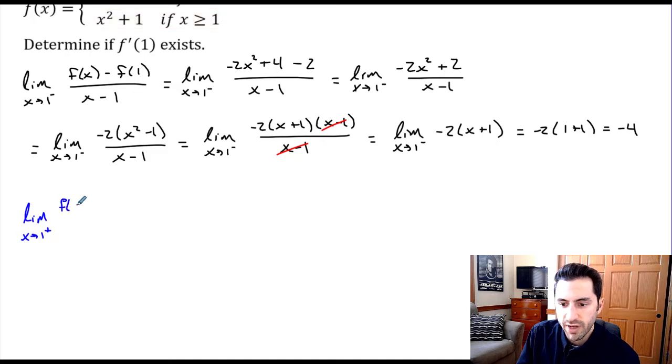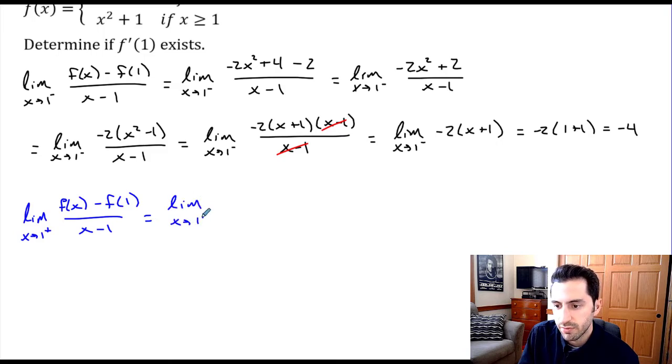So again, we have f of x minus f of c, which is 1, and then over x minus 1. So now plugging in that second function, we have our limit that will come over. We have x squared plus 1, and I'm going to subtract f of 1. So if we plug in, 1 plus 1 is 2. And then in the denominator, x minus 1.